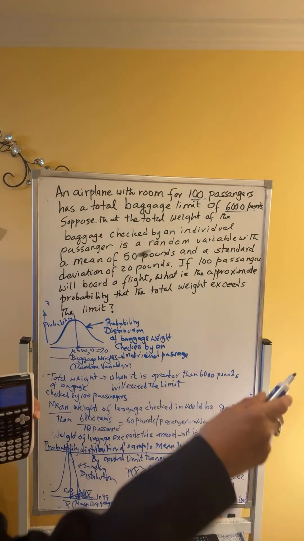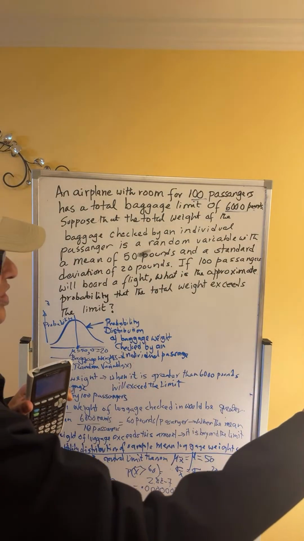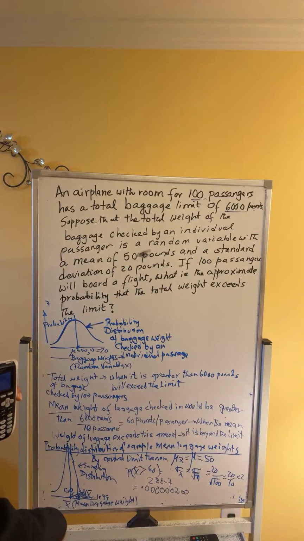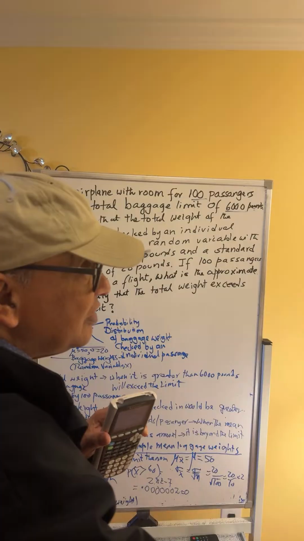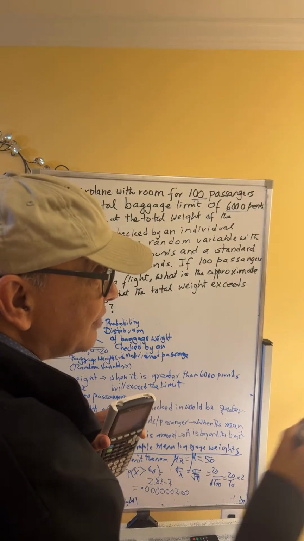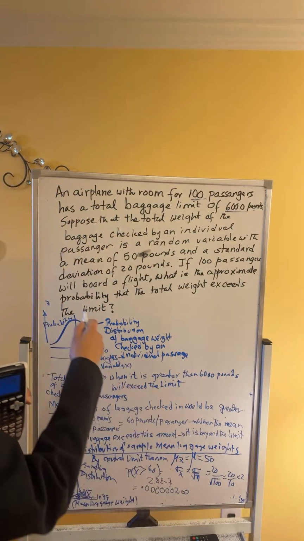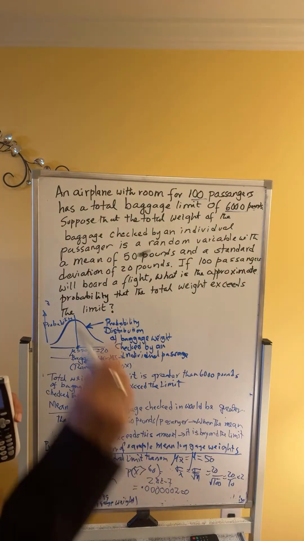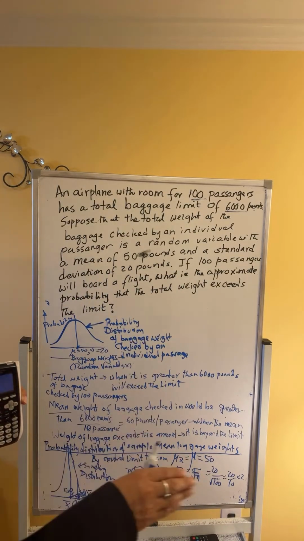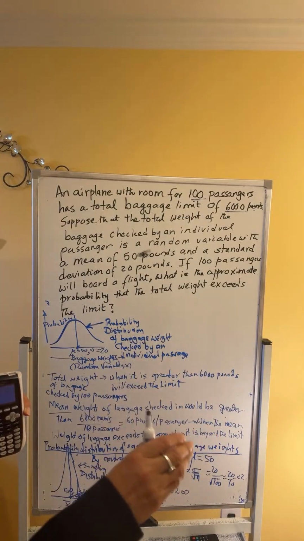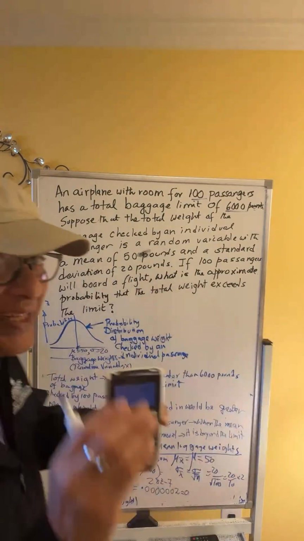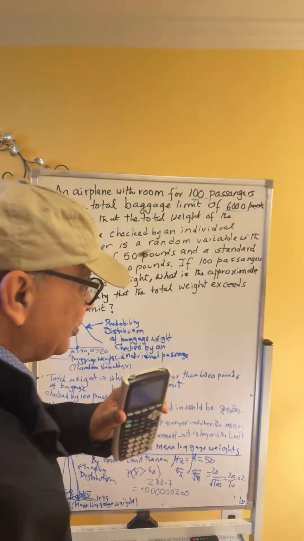Most people will make a mistake of using just the population standard deviation for this calculation, which is wrong. It is the population standard deviation divided by the square root of the sample size. In this case, the population standard deviation is 20 for one passenger, divided by the square root of the sample size, which is 100. 20 divided by the square root of 100 is 20 divided by 10, or 2.